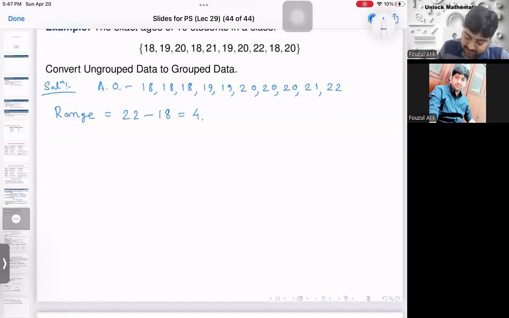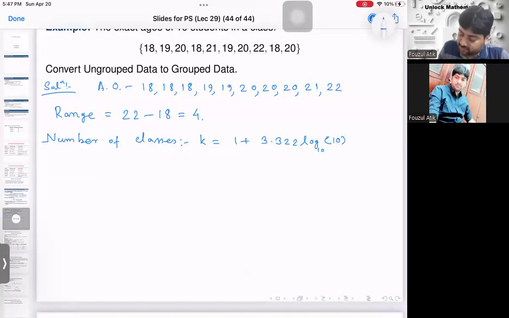Then we have to find the number of classes by using Sturges' formula. So we'll use the formula k equal to 1 plus 3.322 log of the number of data points, 10, base 10.